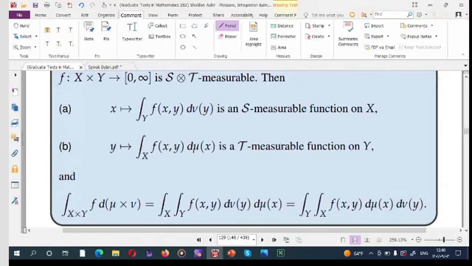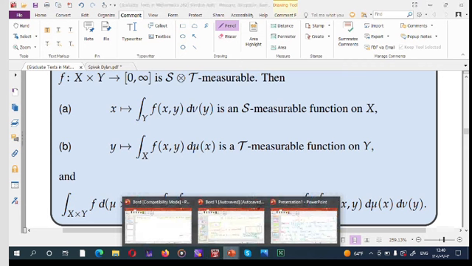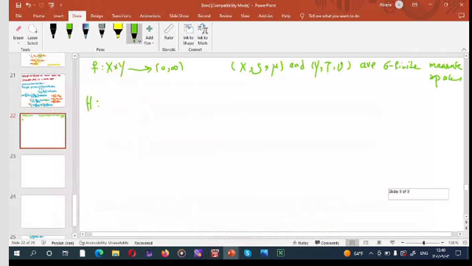Note that the function may be at infinity, so that we can also write f from X to this interval, the integral d nu(y).